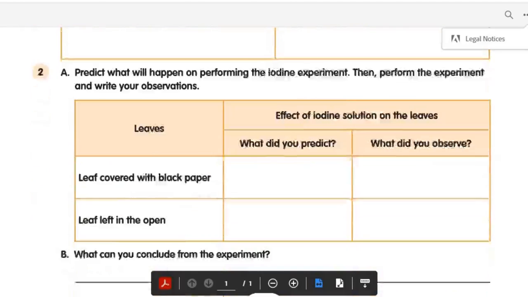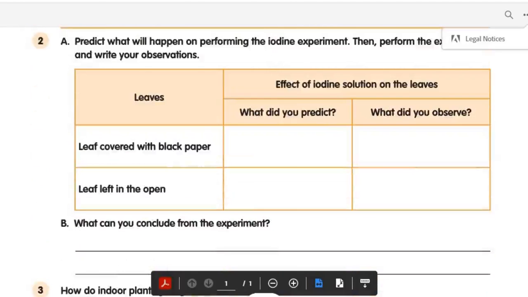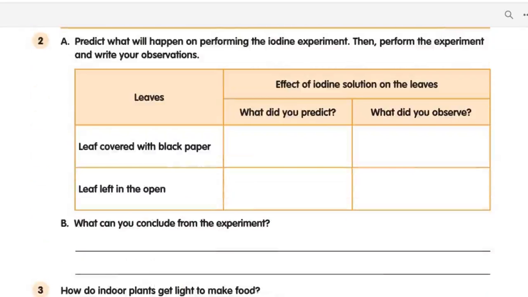Next question. Question number 2A. Predict what will happen on performing the iodine experiment. Then perform the experiment and write your observations. Some of you asked doubts in this question. Now listen carefully. There is a table with leaves, leaf covered with black paper, leaf left in the open.